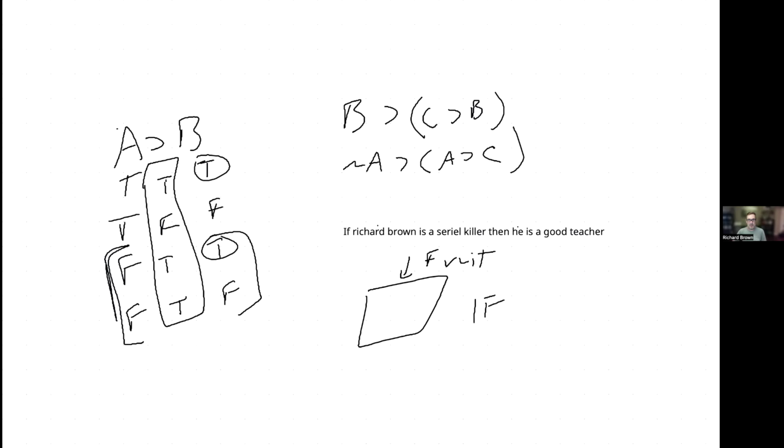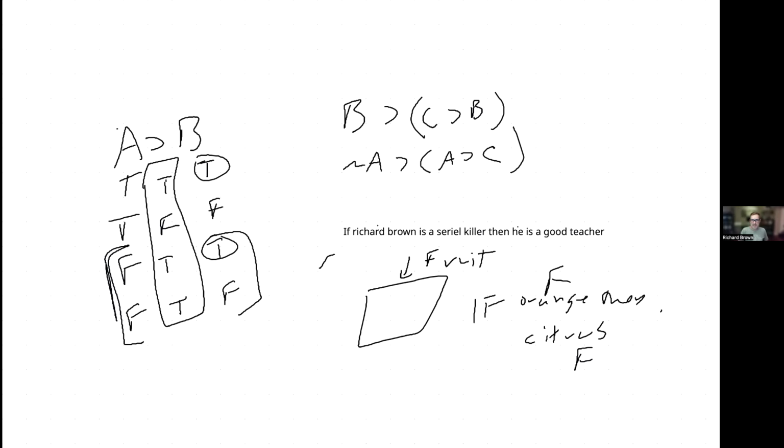I don't know the official name for oranges. And then suppose what I pull out is an apple. Well, it's false that it's an orange and it's false that it's citrus, but it seems like it still should be true that if it's an orange, then it's citrus. So that seems like a case where the conditional holds.